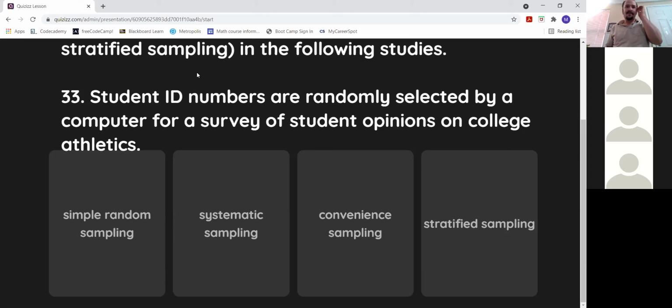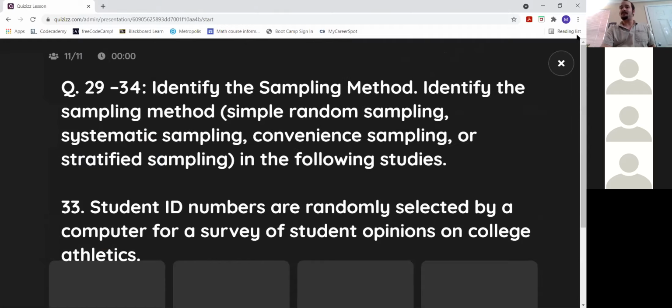Okay. Student ID numbers are randomly selected by a computer for a survey of student opinions on college athletics. There is a beautiful word that just gives it all away in that one. It's randomly selected by maybe a computer. But that keyword random should just tell you that is a randomly selected sample. Simple random sample.